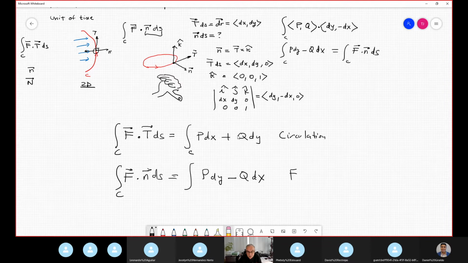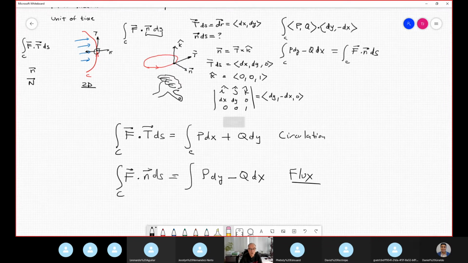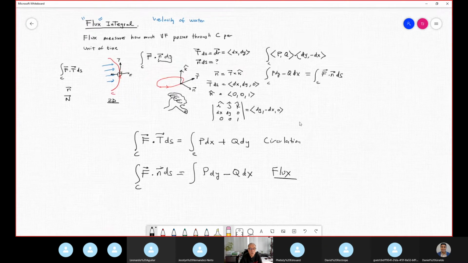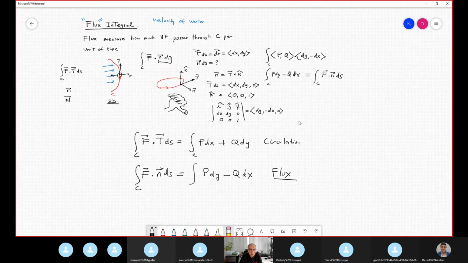It's a flux. And remember the interpretation for the flux. I repeat again. If you suppose that the vector field represents the velocity of water, it is the amount of water passing through this surface. Maybe this surface is closed or not closed, bounded.